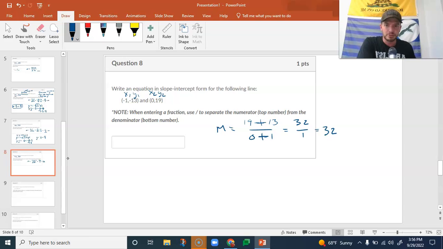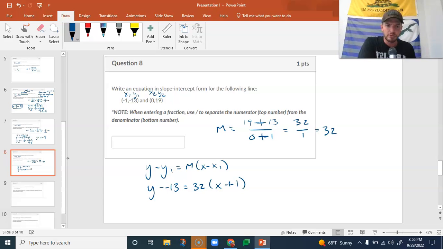All right, and I'm going to use x1 and y1. So here is our point slope. Y minus y1 equals m times x minus x1. Plug it in. So y minus -13 equals 32 times x minus -1.